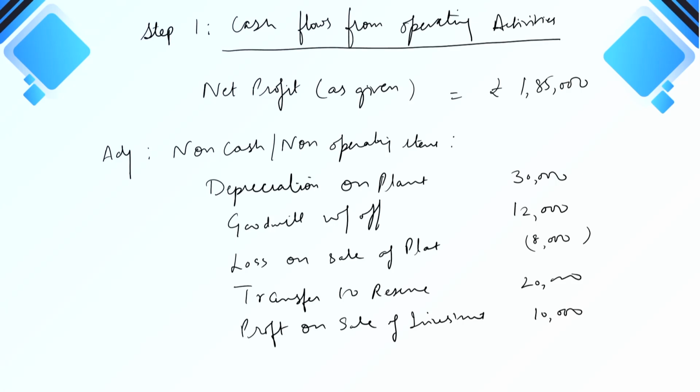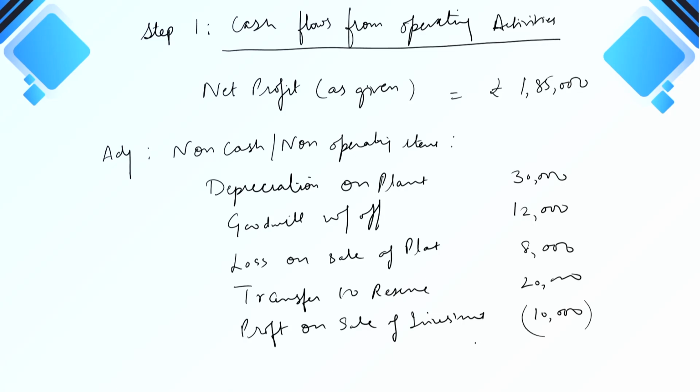Let me make a mention that loss on the sale of plant is to be added back while computing the cash from operating activities. So that is to be added here, rupees 8,000, and the profit is to be deducted for the information.